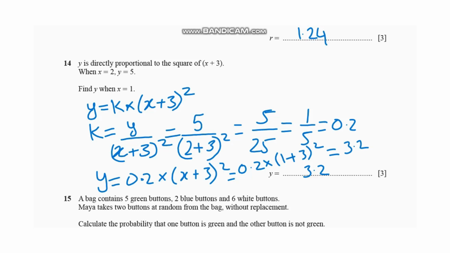That is 0.2. Then to calculate the y value when x is 1, we will do 0.2 multiplied by x plus 3 squared. X will be 1, so 1 plus 3 will be 4. 4 squared times 0.2 will be 3.2, so y will be 3.2.